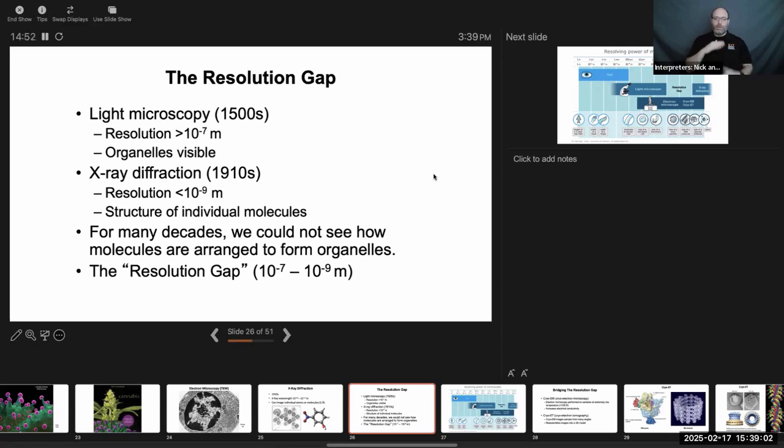A light microscope cannot theoretically see anything smaller than 10 to the minus 7 meters, down to about 1/10 of a micron. Which meant that you could see cells, you could kind of see organelles, but you couldn't really tell anything about the organelles. You couldn't really determine their detailed structure. And then in the 19-teens, along comes this thing called X-ray diffraction, which allows us to see.